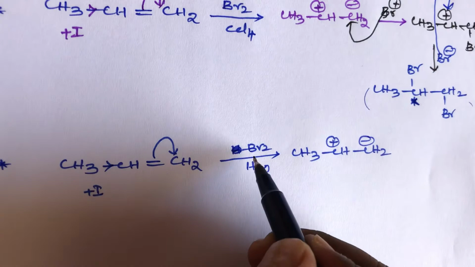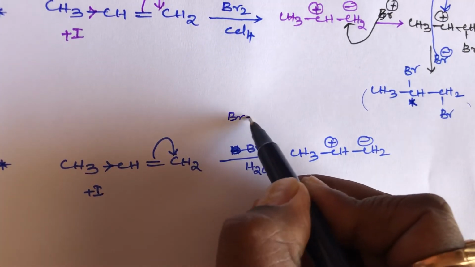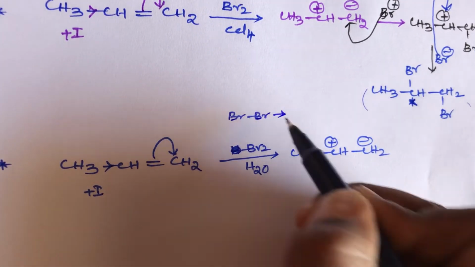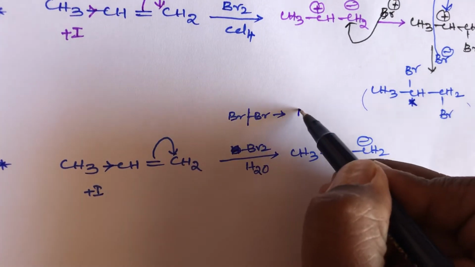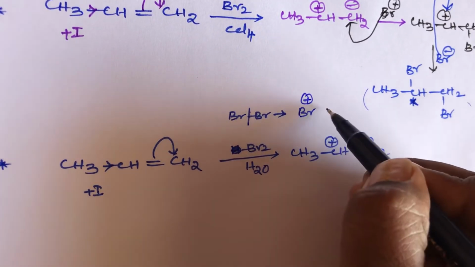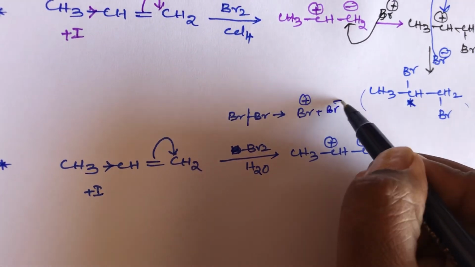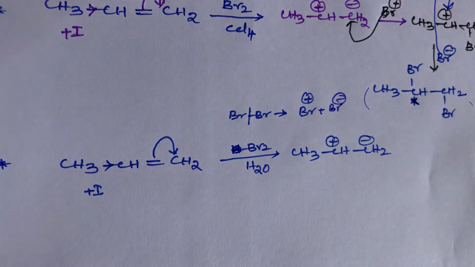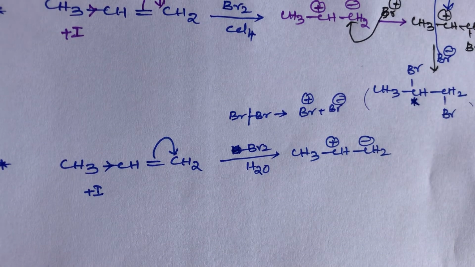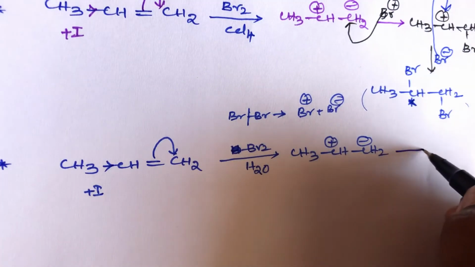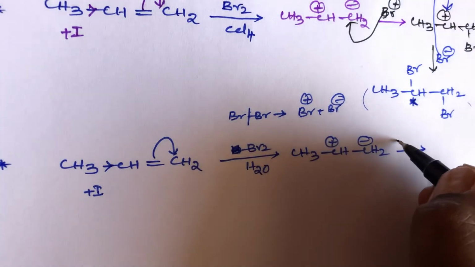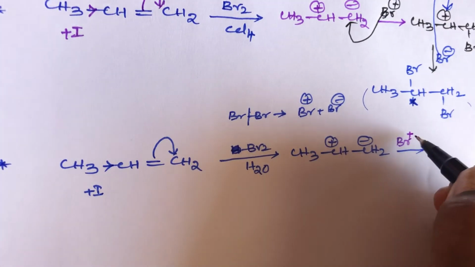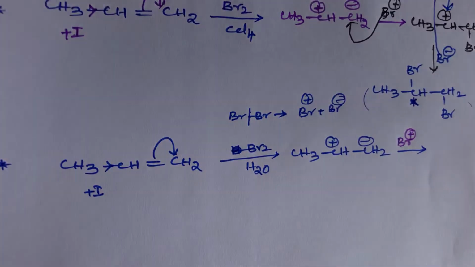Same here with Br2, one bond between the bromines. Bond breaking occurs, one bromine getting a positive charge and another bromine getting a negative charge. This positive species is called the electrophile. In an electrophilic addition reaction, the first attacker is Br plus, the electrophile.